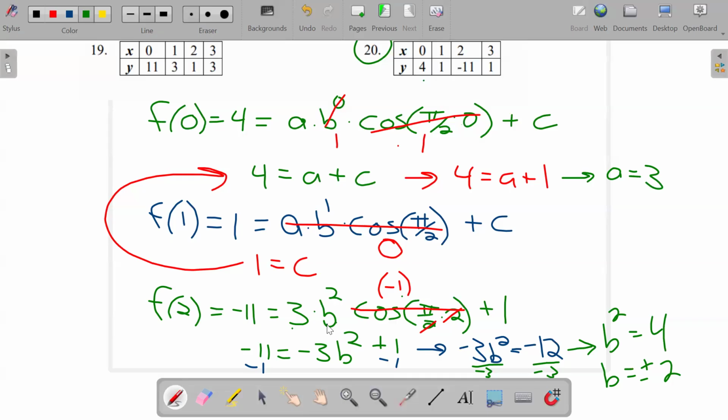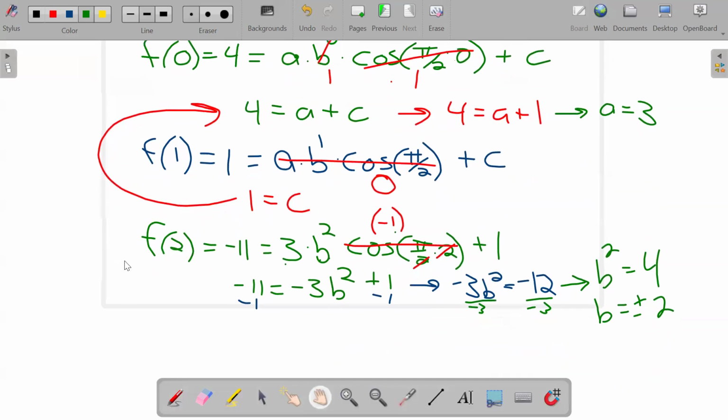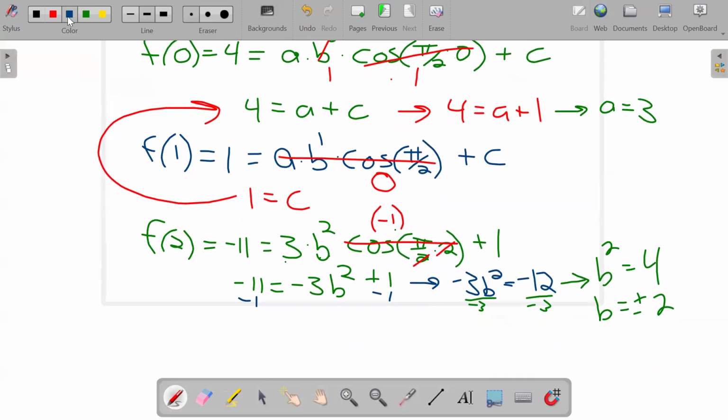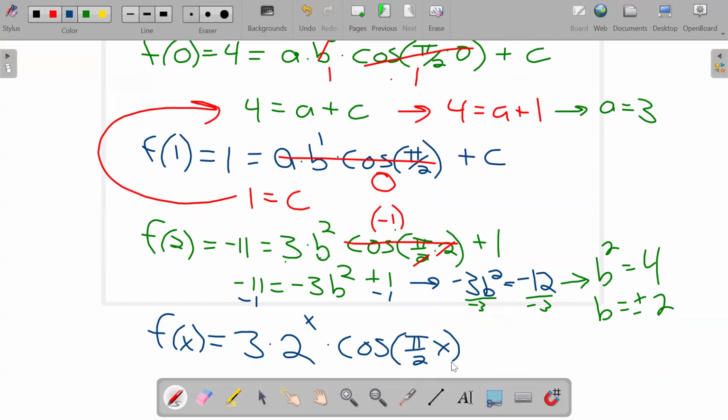So let's write that down and test it with the next point. So at this point, we think f of x is a equals 3, b equals 2, that's 2 to the x, times the cosine of pi over 2x, then plus 1.